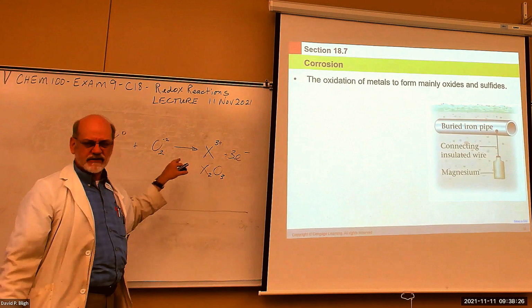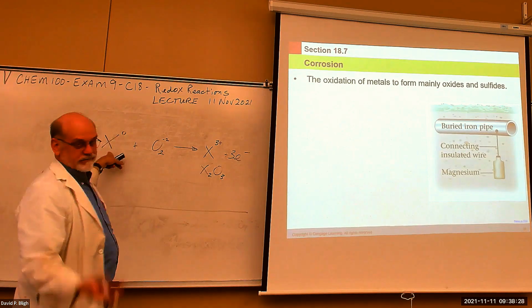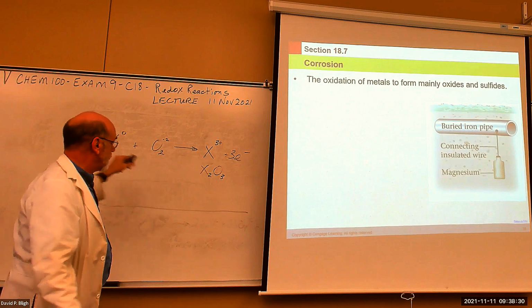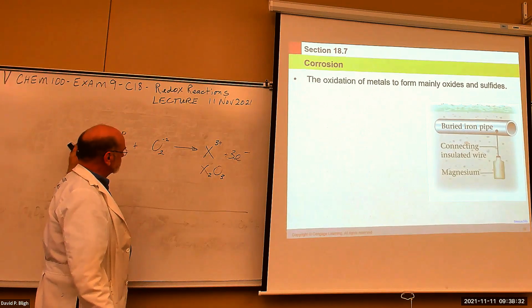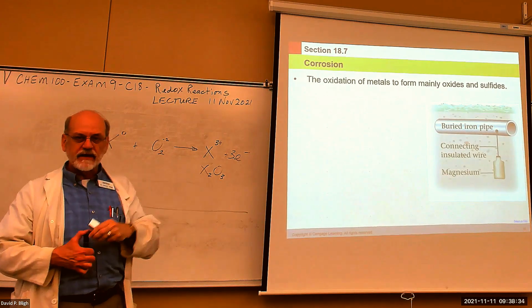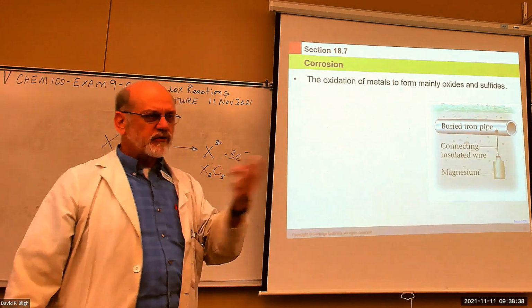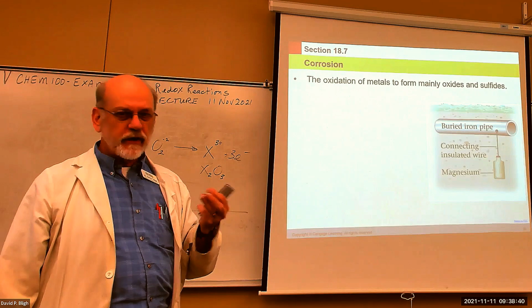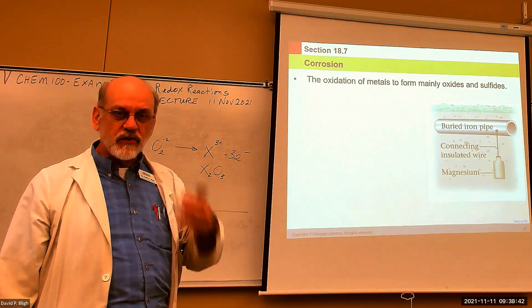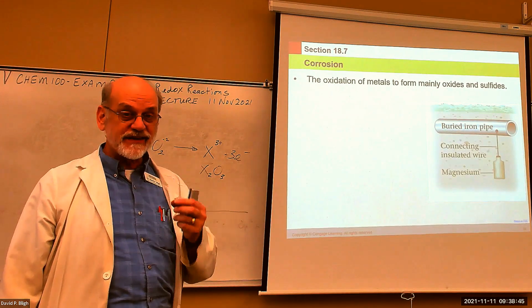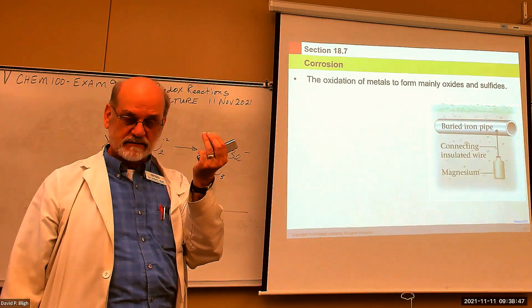Now, that's not a balanced equation, of course, because I don't know what that is. I just made this up. But the thing about it is, this is corrosion, and it's a spontaneous reaction. It will occur.